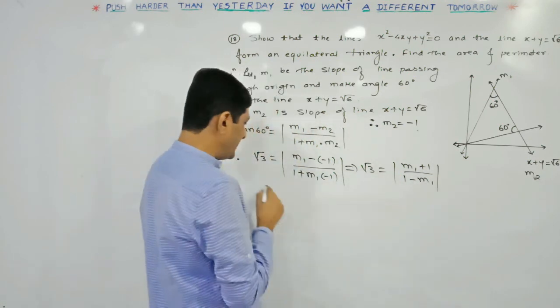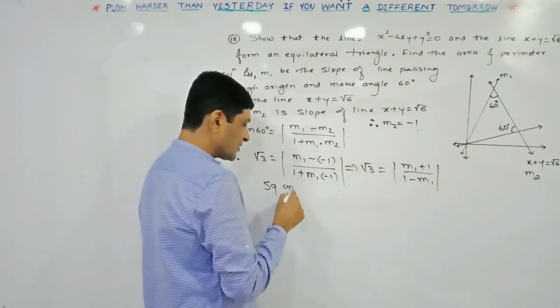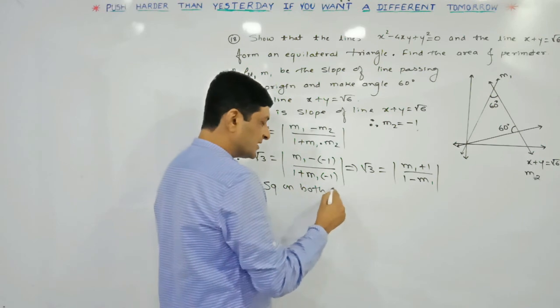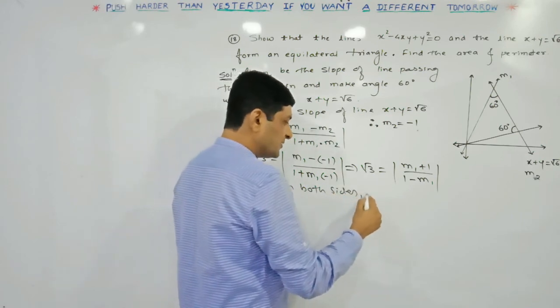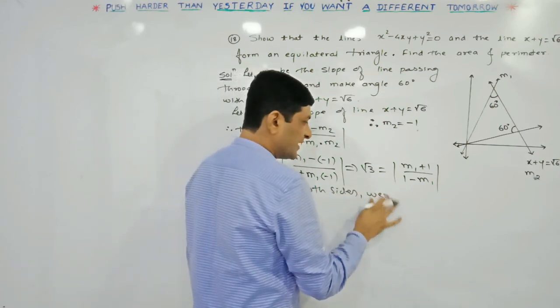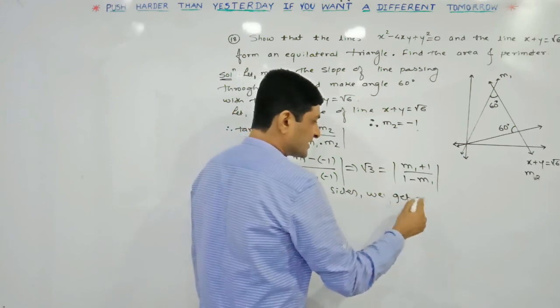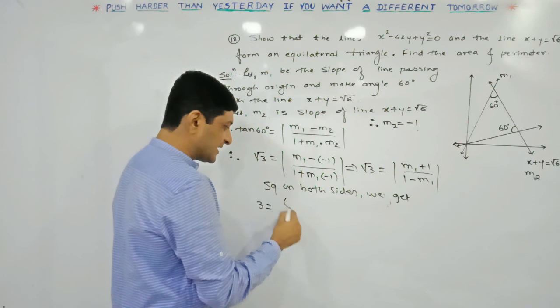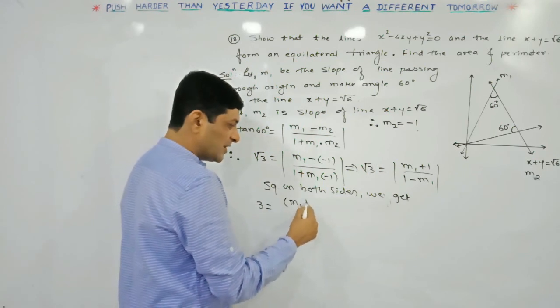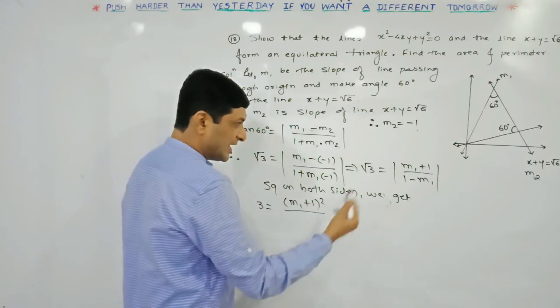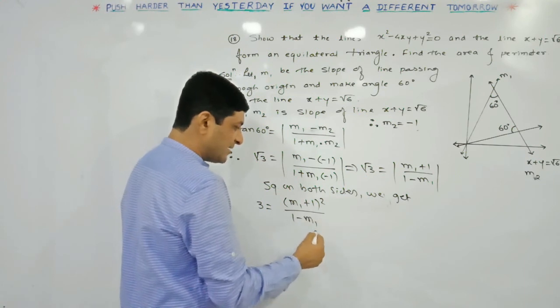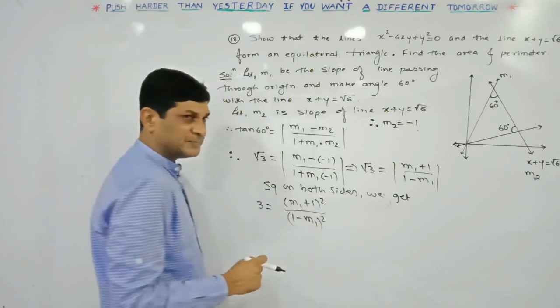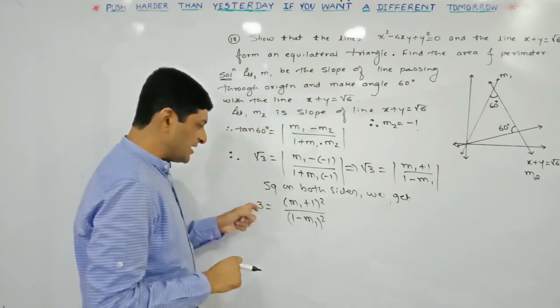Now we are squaring both sides. Let us see what we will get. On the left hand side, the square of root 3 is 3. On the right hand side, in the numerator we get m1 plus 1 whole square, and in the denominator 1 minus m1 whole square. Now this term will get multiplied on this side.